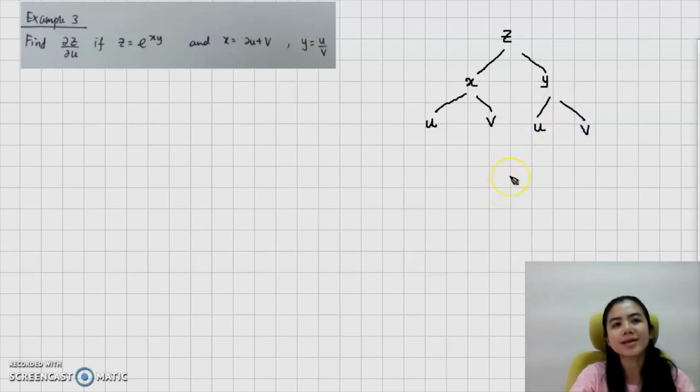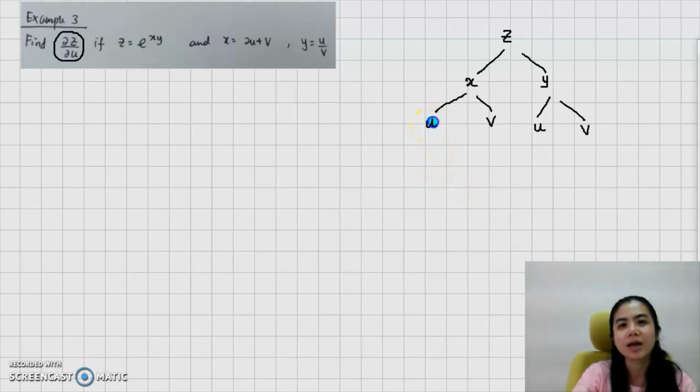Let's look at the things they asked us to find. They asked us to find ∂z/∂u. So the one that you look for is the node that is ending with u. You just have to figure out the partial derivatives along those branches.